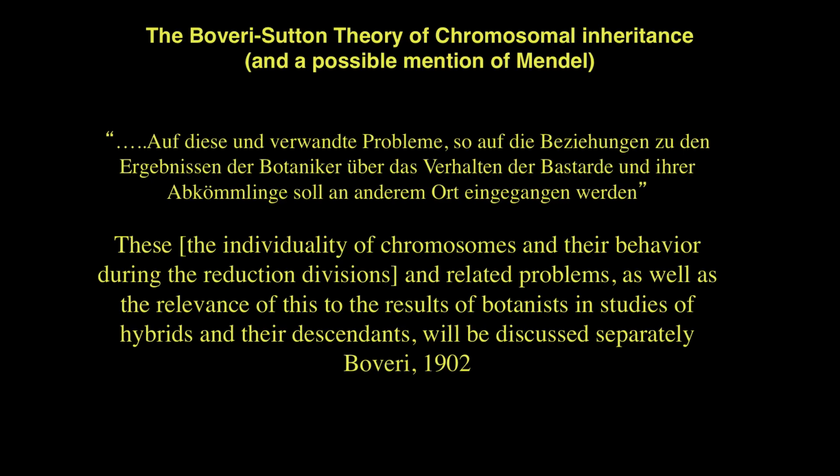But based on the behavior of these chromosomes and their unique identity, Boveri suggests that he will, in a subsequent paper, and he did, propose that chromosomes are the carriers of Mendelian factors and Mendelian genetics. So all the way from the 1900s to around 1930 or 40, the idea that genes were on chromosomes was called the Sutton-Boveri hypothesis.